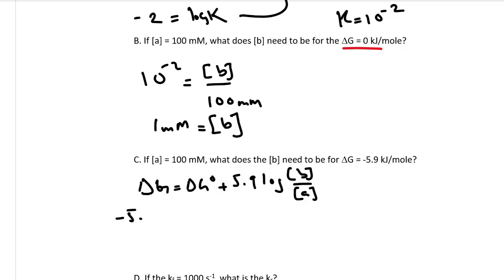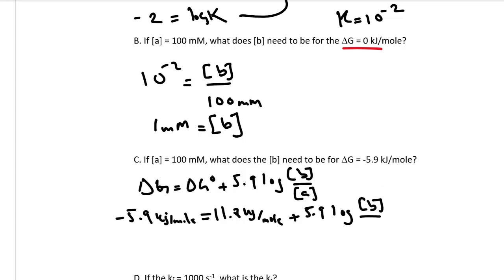So negative 5.9 kilojoules per mole equals 11.8 kilojoules per mole plus 5.9 log, and we don't know B, but we know A.